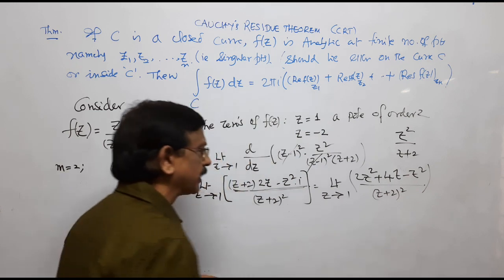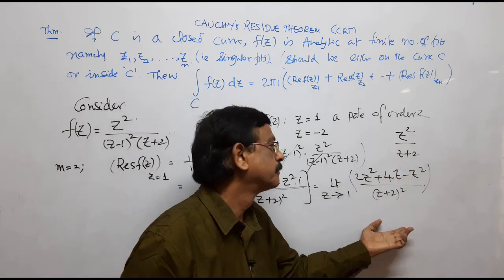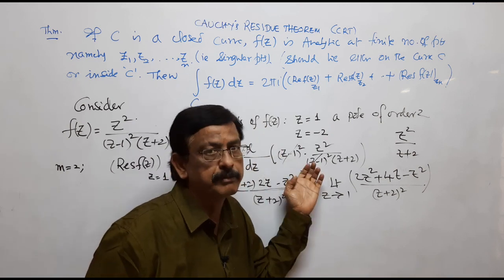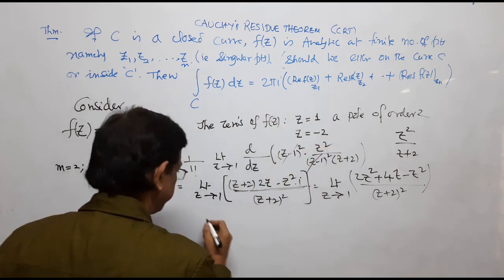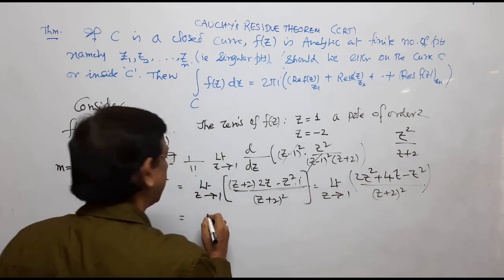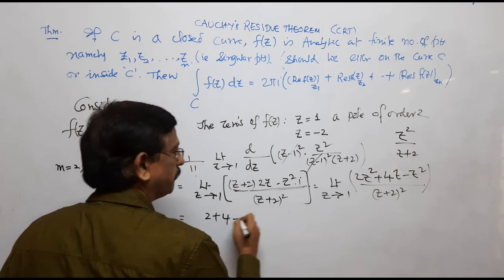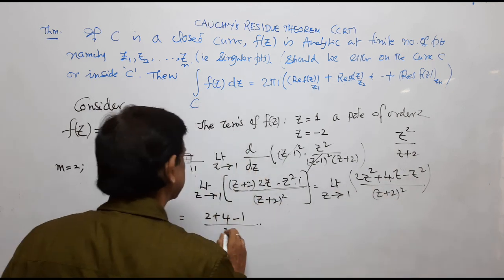I need not simplify by writing 2z square minus z square plus 4z, because the factor (z minus 1) whole square has been removed from the calculation. So simply I can apply z equal to 1. I get 2 into 1 plus 4 into 1 minus 1, by (1 plus 2) which is 3 square.